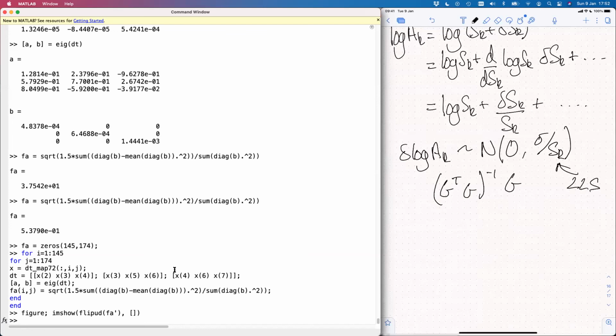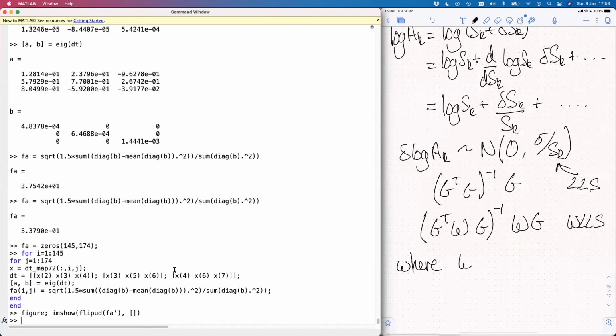In weighted linear least squares, we introduce this diagonal weighting matrix W and write it instead as (G transpose W G) inverse, and then G transpose W. So that's weighted linear least squares, where W is a diagonal matrix where the kth diagonal entry is 1 over the variance of the kth measurement.